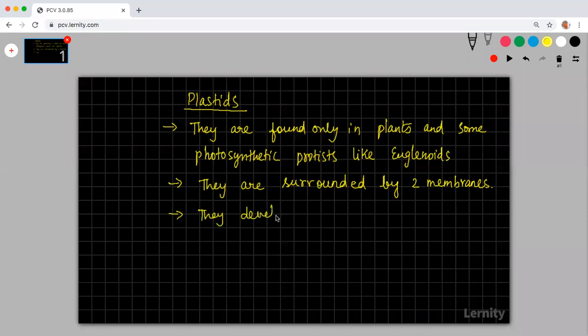They develop from small bodies called protoplastids. The protoplastids are seen in meristematic regions.